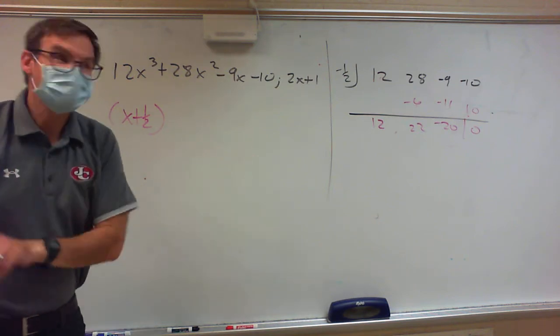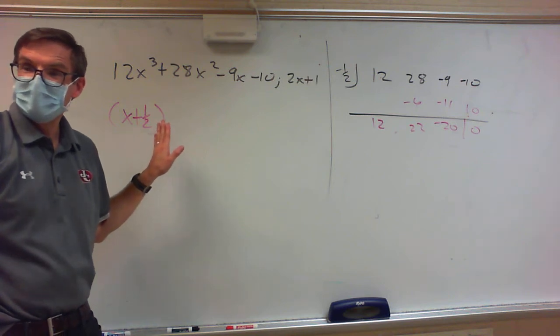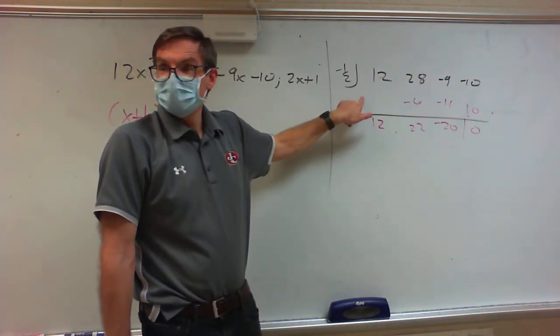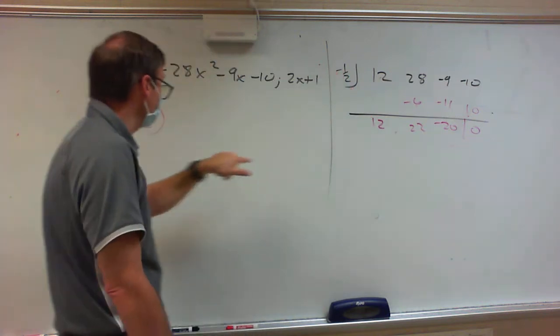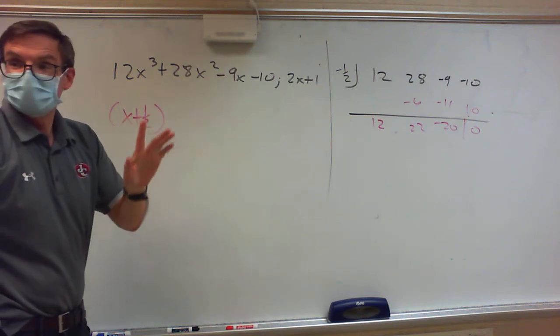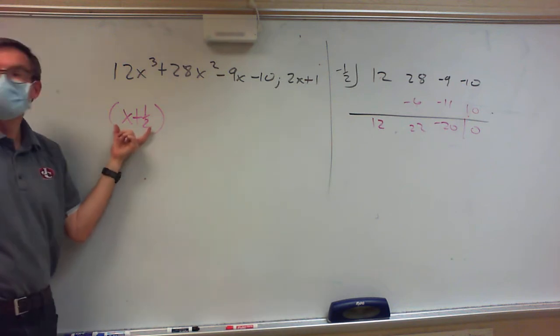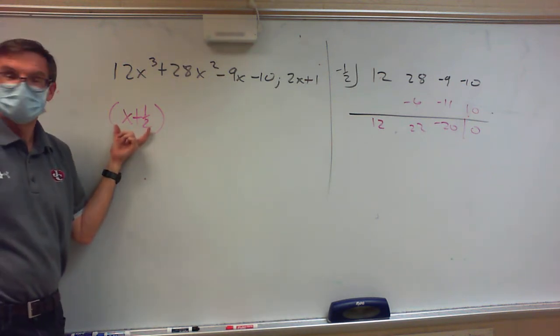I know you don't like that because you're saying, wait, all the other problems we did, whatever this was goes here. The problem is, when you use synthetic division, if you've got a 1/2 here, you have to have a 1/2 in this. We're going to fix it. I switched it to positive because the original was positive. Well, and also, when you set that equal to 0, what do you get? Negative 1/2.